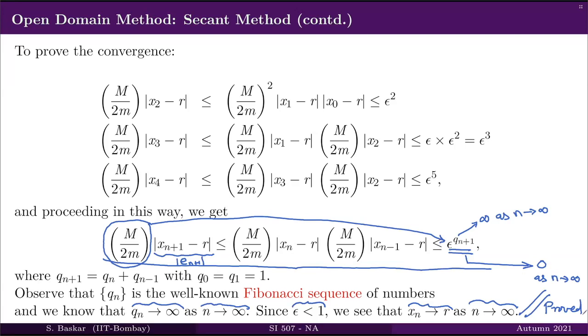If you make sure all these three hypotheses, then your secant method will converge. In fact, your secant method's iterative sequence will be well defined, and that sequence will sit in the delta neighborhood that we chose, and also the sequence will converge. All these three are achieved.